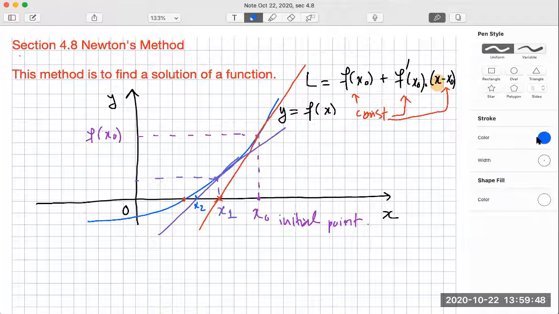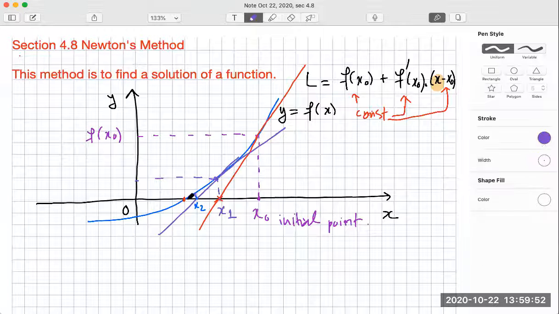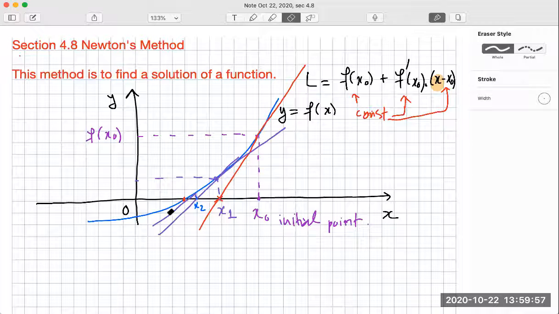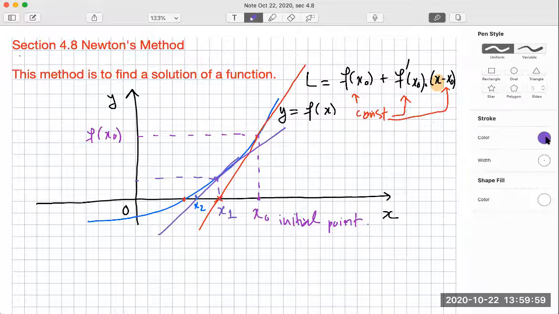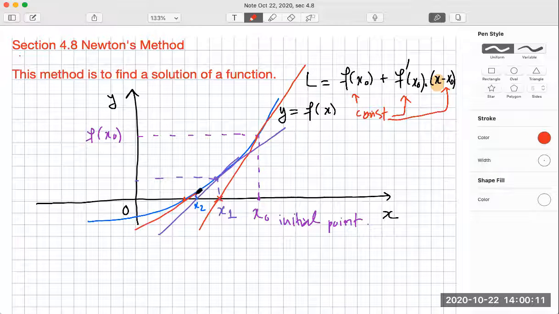And if we keep doing this, finally, we will be able to find that the points will come close to the solution, okay? This is a method, we call it Newton method.